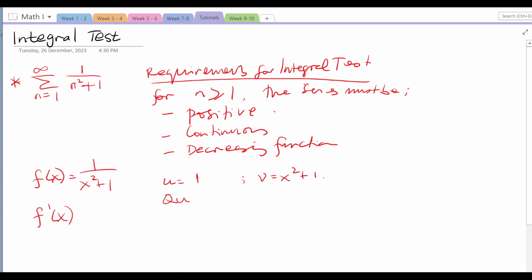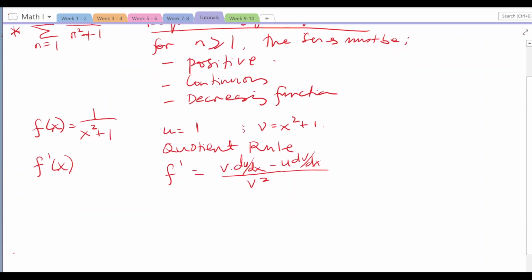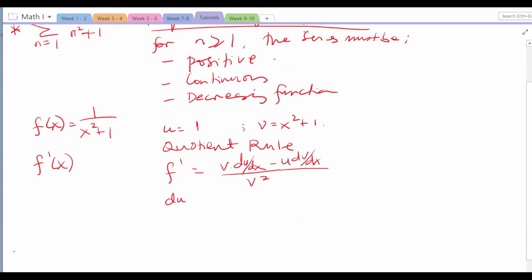So the quotient rule: the derivative of that function is v times du over dx minus u times dv over dx, all over v squared. So du with respect to x will simply be 0, and then dv with respect to x is 2x.